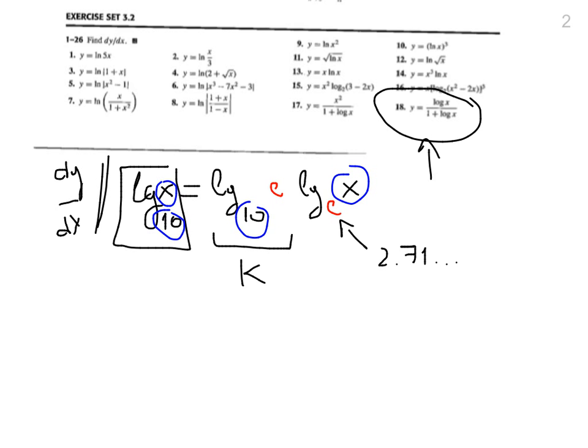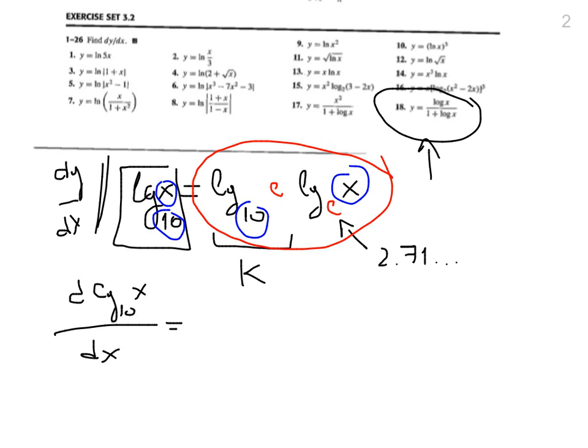So when I want to take the derivative of the logarithm in base 10 of x with respect to x, this is equal to the derivative of this part, which we can rewrite as k ln x, where I write ln to mean the logarithm in base e.